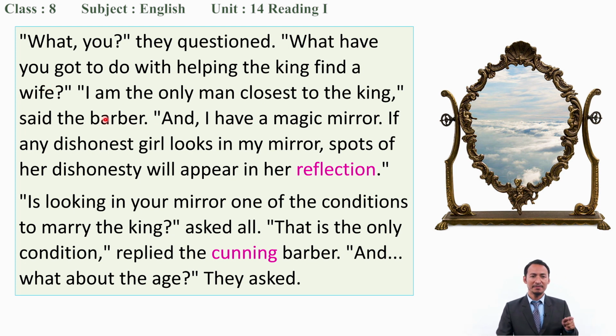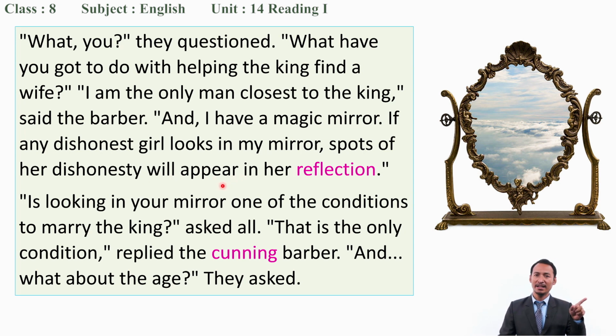And let's see, the barber says, I am the only man closest to the king, and I have a magic mirror. If any dishonest girl looks in my mirror, its spots after dishonesty will appear in her reflection. Okay?